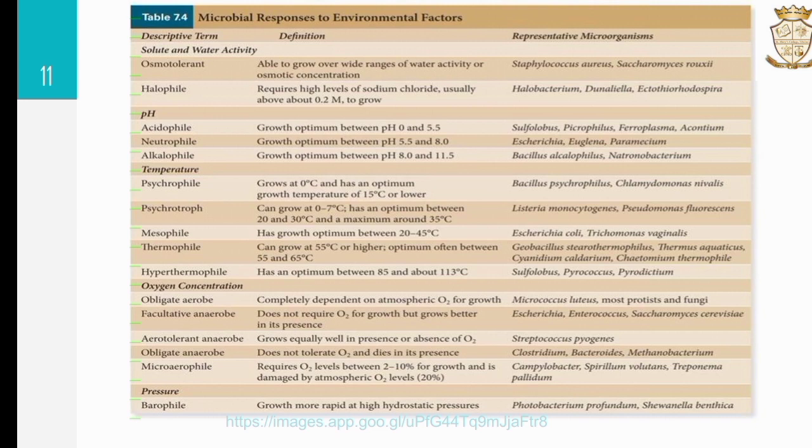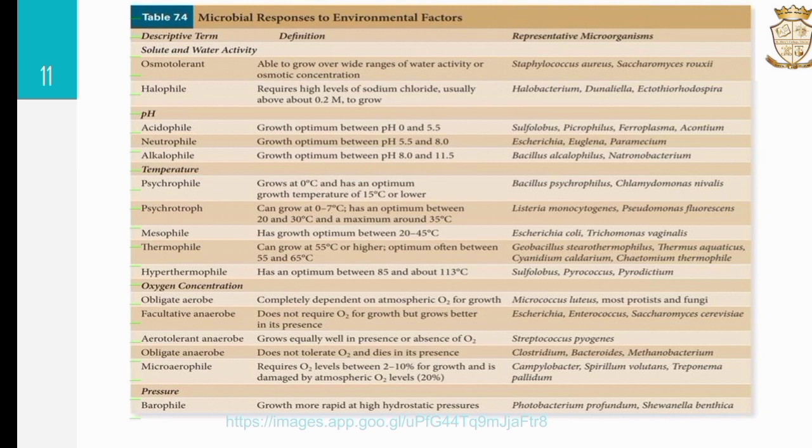So the microbes must be able to respond to changes in osmotic concentration. Microbes in a hypotonic environment reduce the osmotic concentration of their cytoplasm, and microbes placed in a hypertonic environment increase the osmotic concentration. According to solute and water activity, the microbes are categorized into two groups, that is halophiles and osmotolerant.